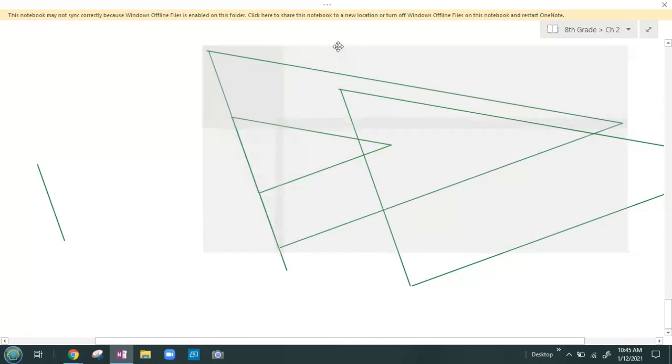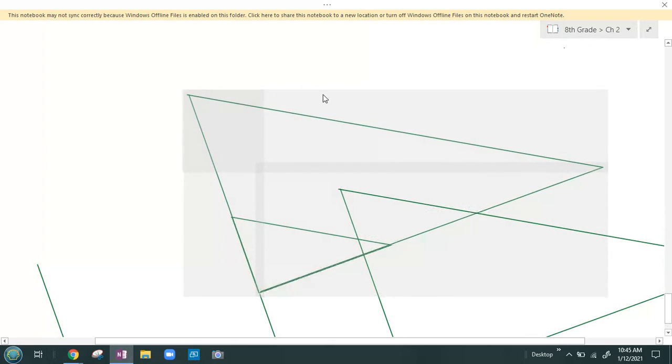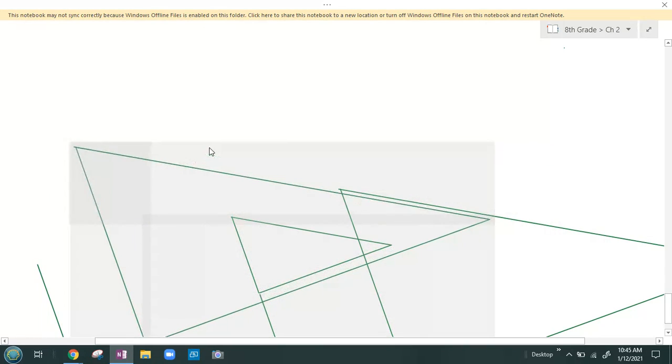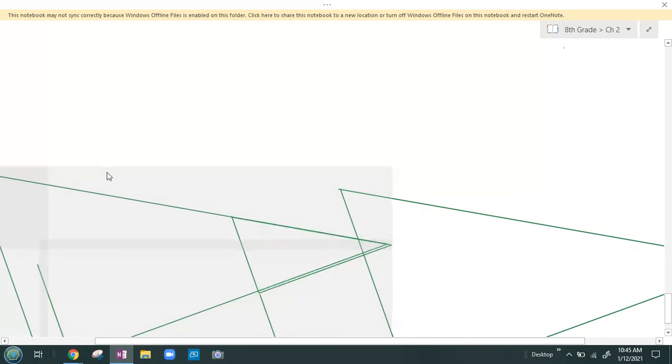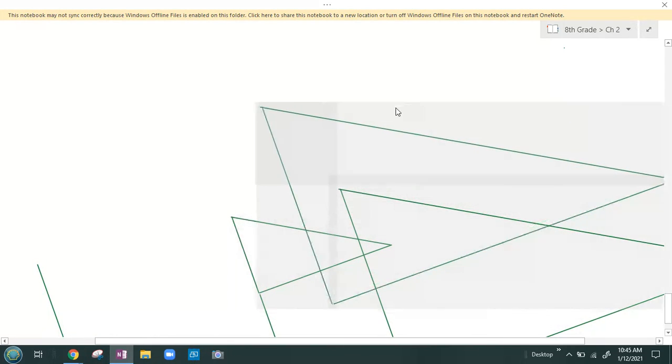If I take the bottom left and put it in that corner there, you can see that those are congruent. And if I take the third angle and match it up, you can see that the corresponding angles are congruent.